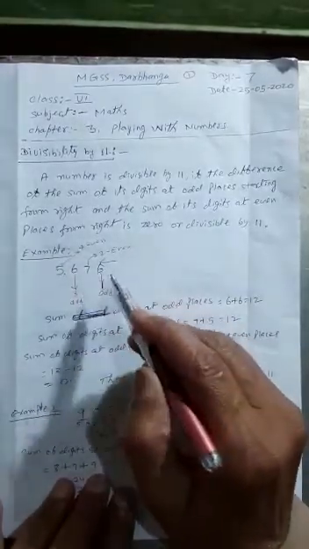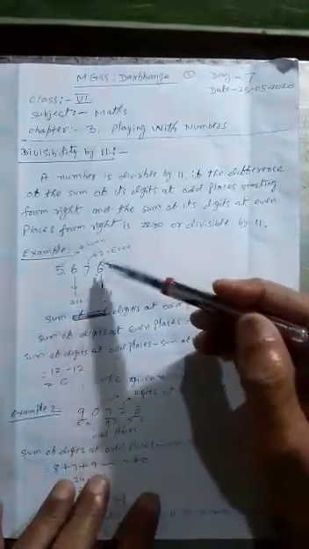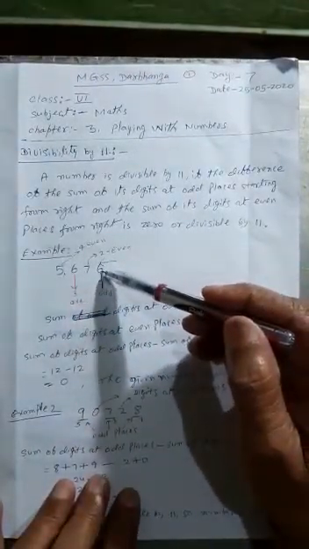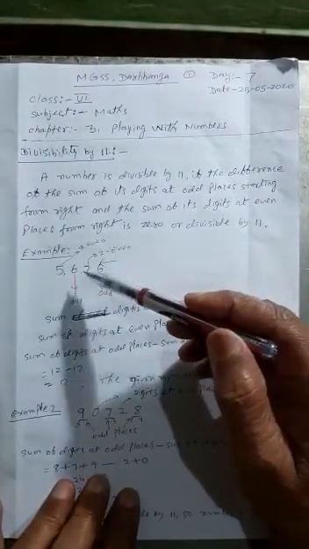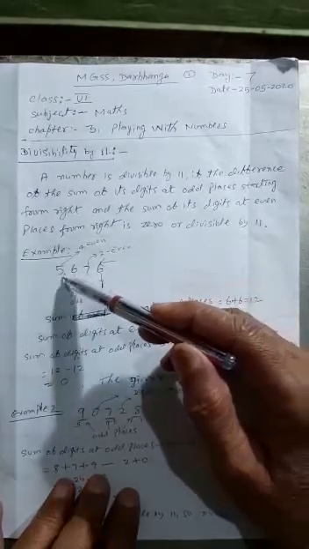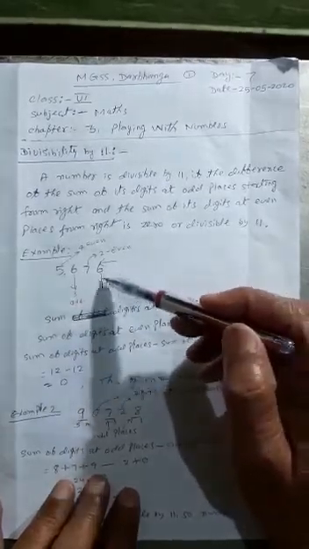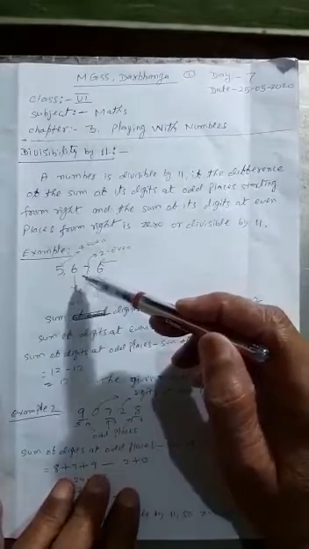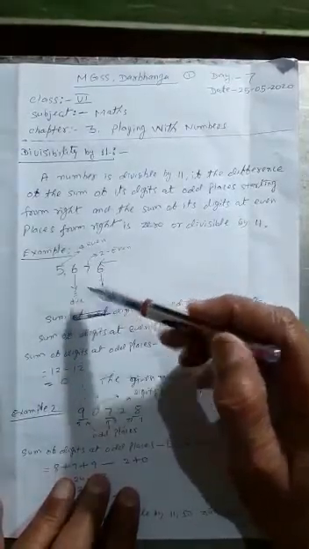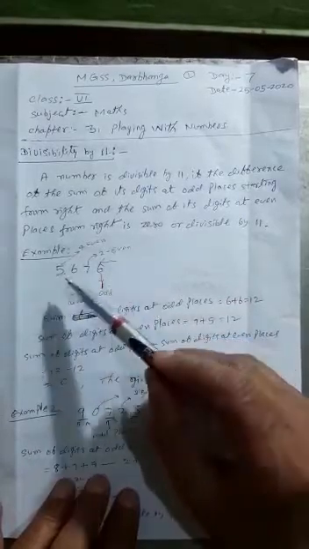Counting the digits: first place, second place, third place and fourth place. First place is odd place, third place is odd place, and second place is even place, fourth place is even place.